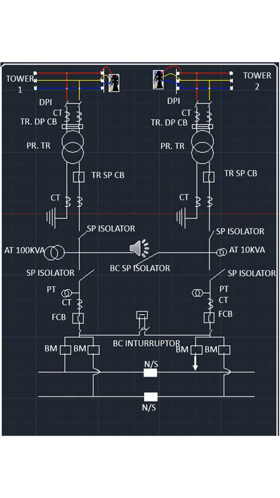If you keep the voltage low, then the transmission line conductor will have more cross section.